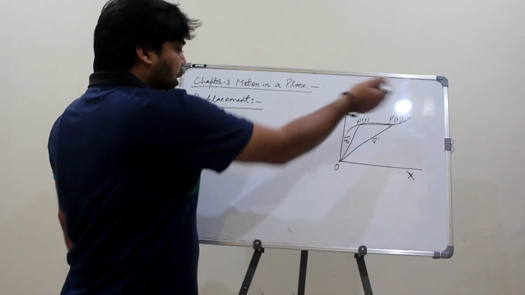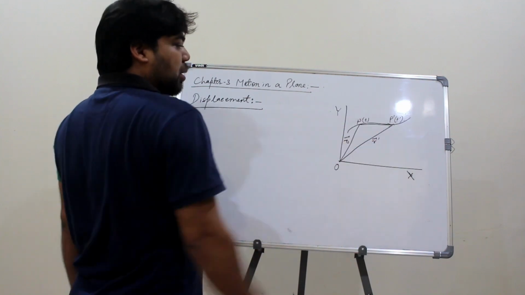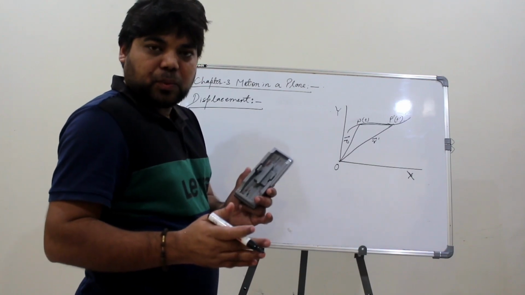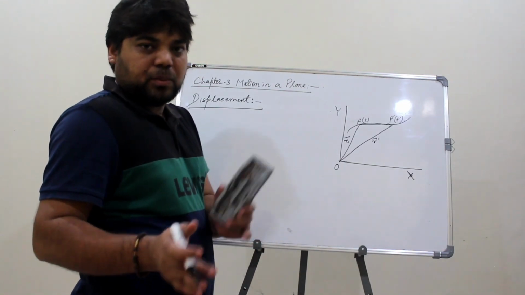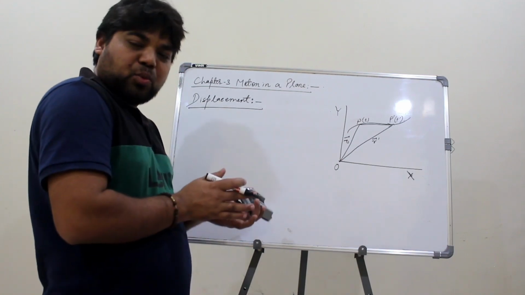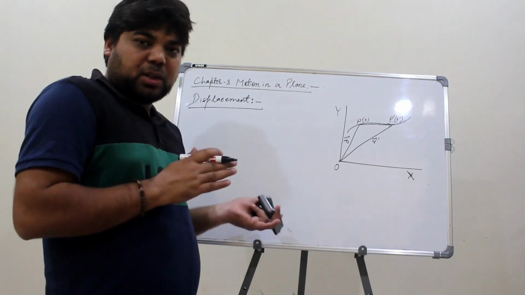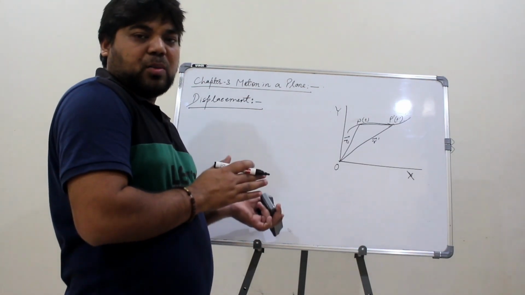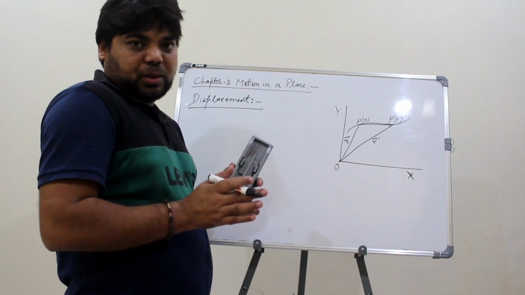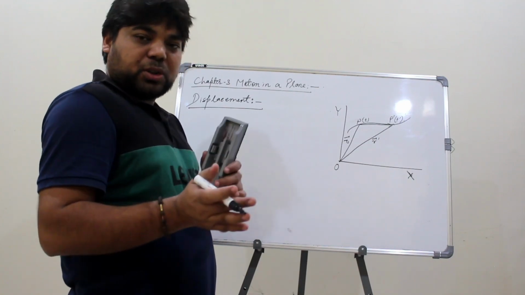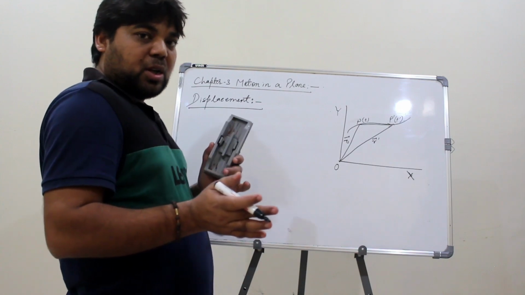So displacement is nothing but the change in the position of an object with change in time. Take an object moving from t to t dash, that is P to P dash, in a given time interval t to t dash. So the change in time leads to a change in position of the object.